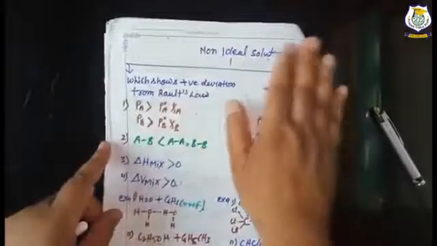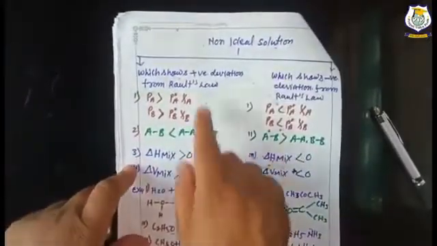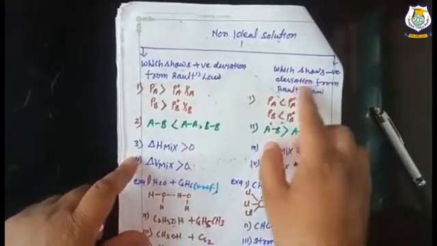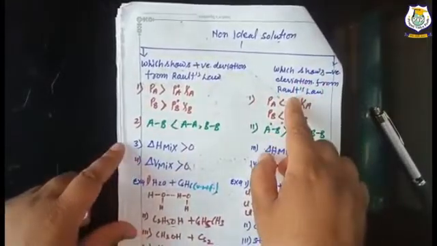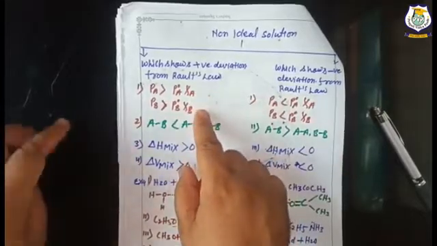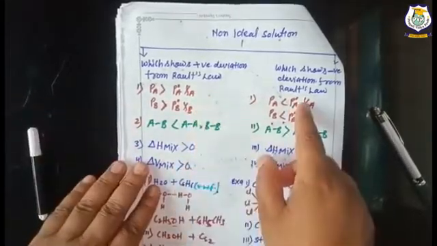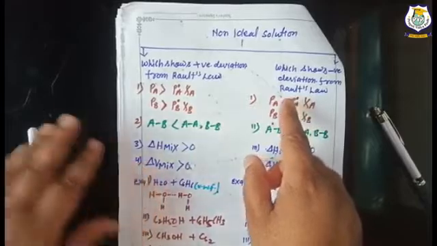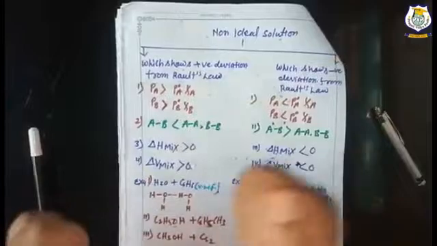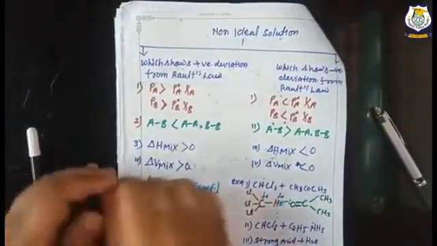Non-ideal solutions are further classified into two categories. One is non-ideal solutions showing positive deviation and the second is non-ideal solutions showing negative deviation. The comparison between positive and negative deviation depends upon these two conditions of the solution.